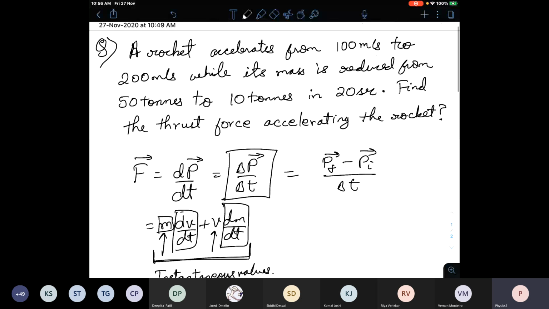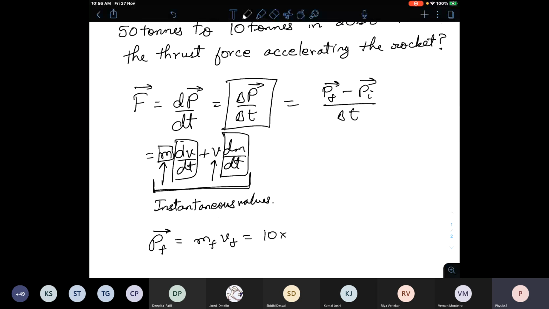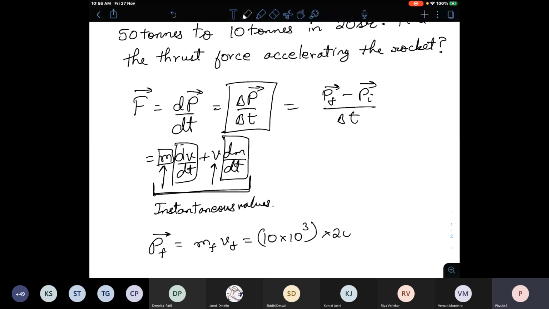Final mass is 10 tons, so 10 into 10 raised to power 3 kgs, that is 10 raised to power 4 kgs, into velocity, which is 200. And p initial will be m initial v initial. Initial mass was 50 tons, so 50 into 10 raised to power 3 into initial velocity, which was 100.